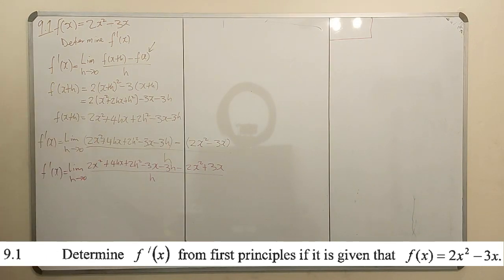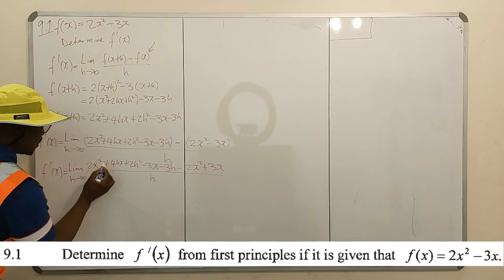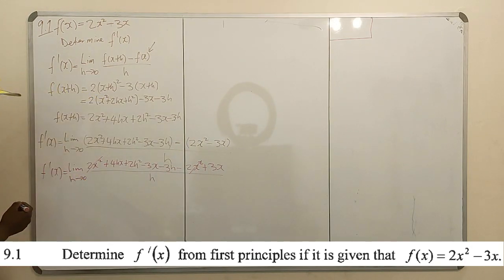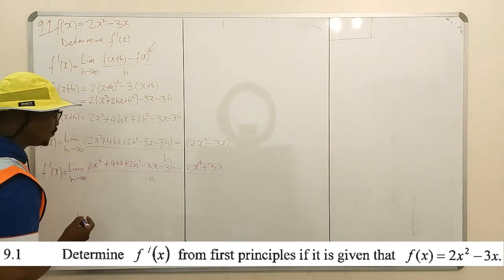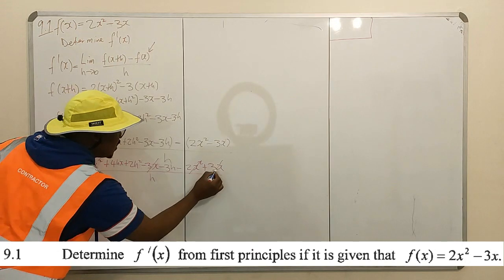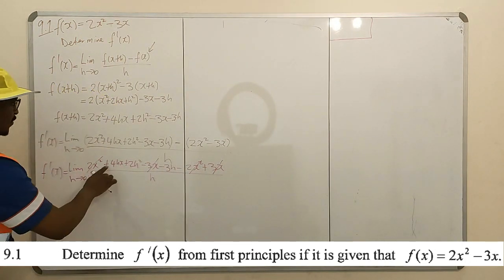From here, you group your like terms. You see this one and that one go away. This one and that one go away. So you're left with this.